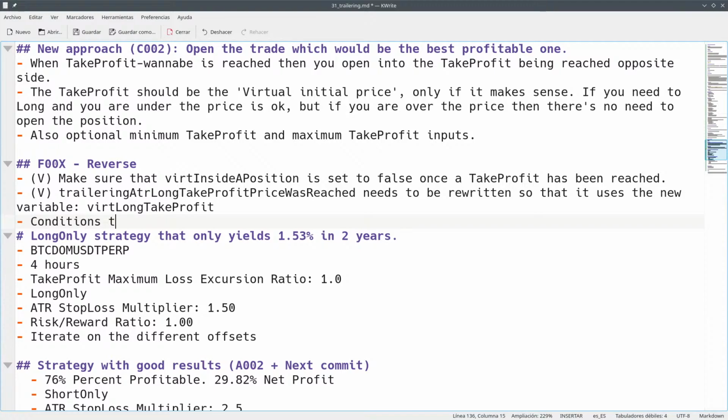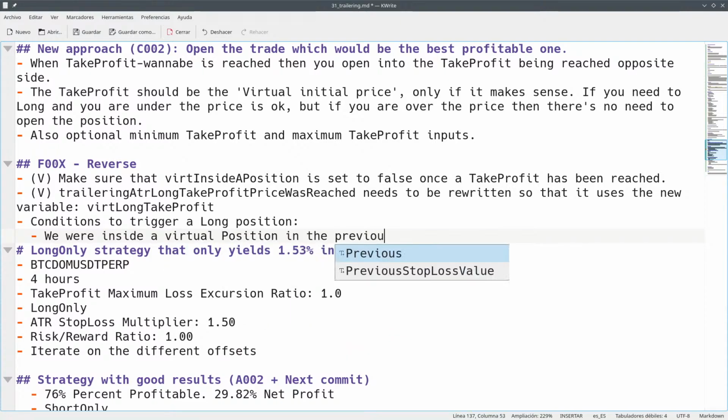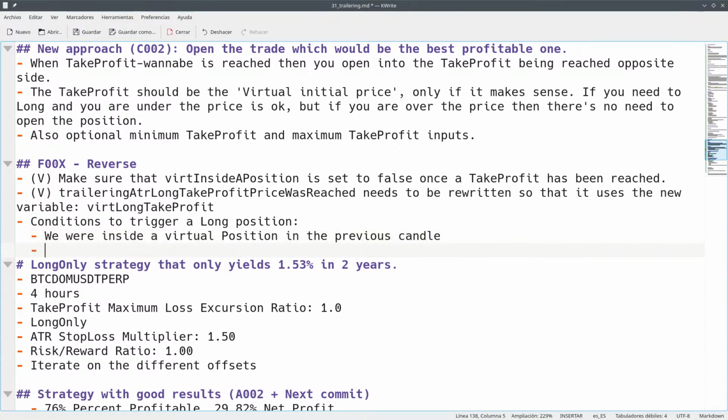Conditions to trigger a long position. So we were inside a virtual position in the previous candle. Okay. We were inside a virtual position in the previous candle.